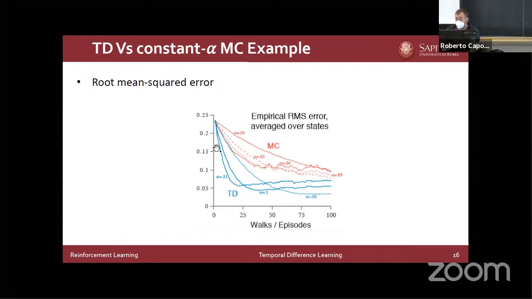But you also see that the TD root mean square error is much smaller earlier, with a smaller number of episodes. With less than 25 episodes, you are already at the root mean square error that you would get by using a Monte Carlo approach for 100 episodes.